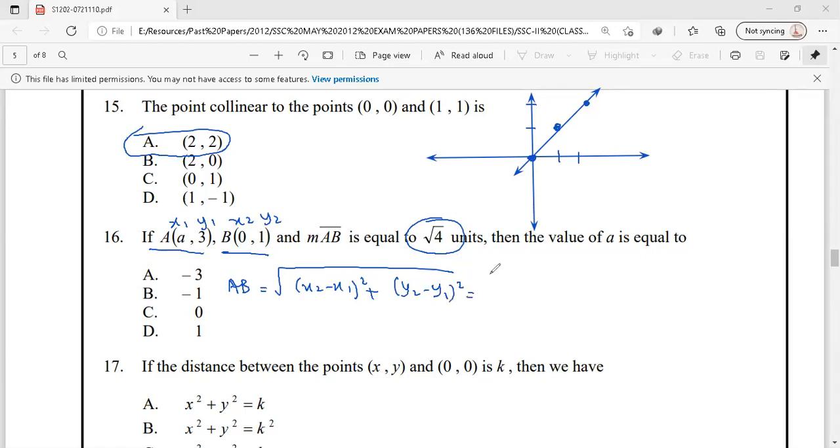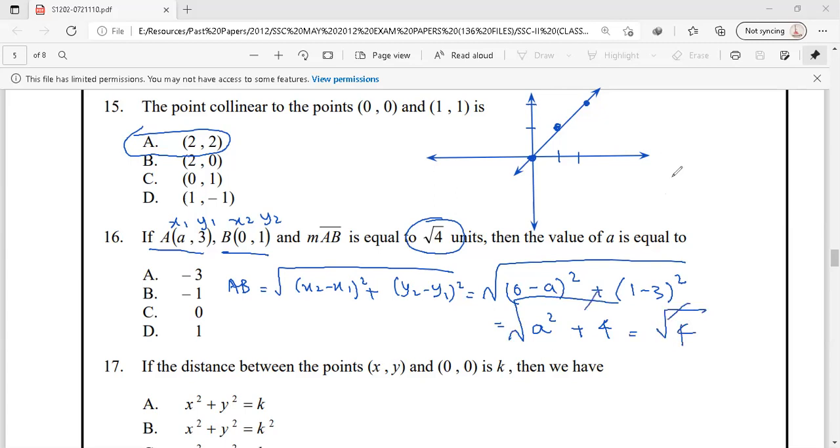By putting the values, x2 minus x1 will become 0 minus a, and y2 minus y1 will become 1 minus 3. 0 minus a is a square, plus 1 minus 3 is minus 2 and its square is 4. And this distance is equal to square root 4. So these roots will be cancelled out. So we will get a square plus 4 equals 4. 4 and 4 will be cancelled out. a square is 0 and a is equal to 0. So the correct answer is option C.